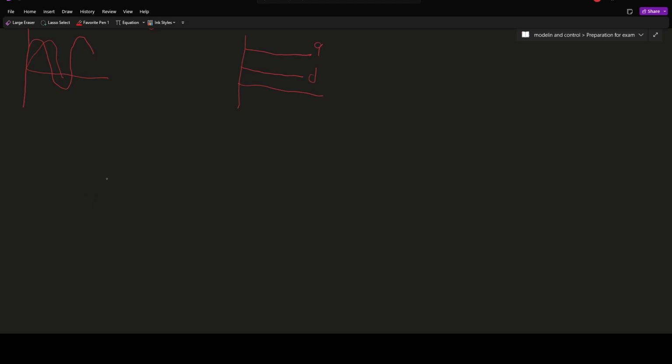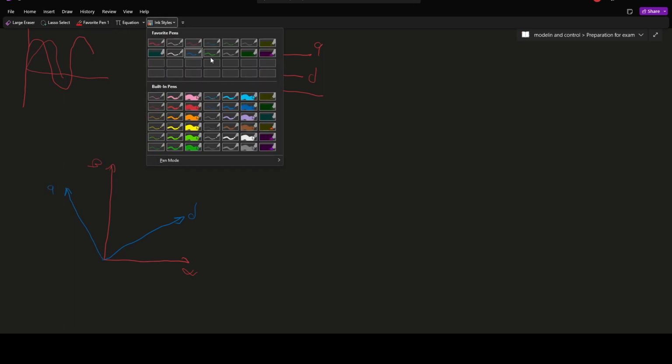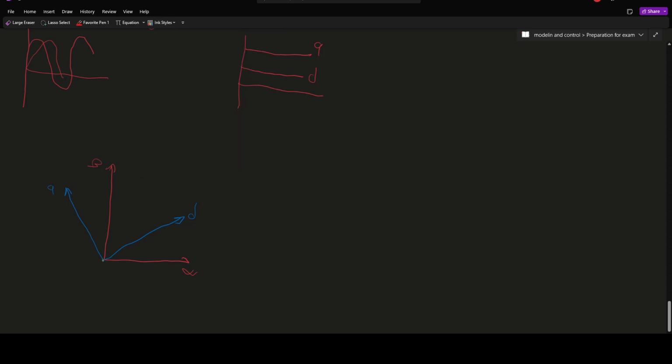So let's start by having here the reference frame of alpha beta. And now on top of this one, I'm going to add our other reference frame dq. And I'm going to have a random phasor that I'm just going to call B. So here we have our phasor B, and we can represent this phasor B in terms of alpha beta.